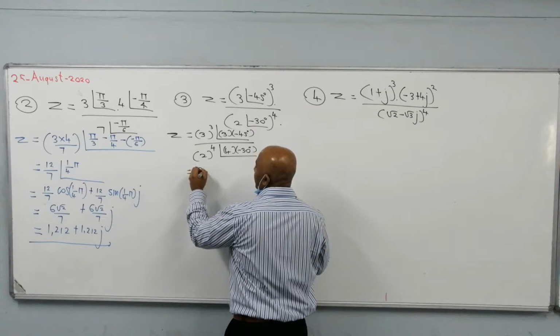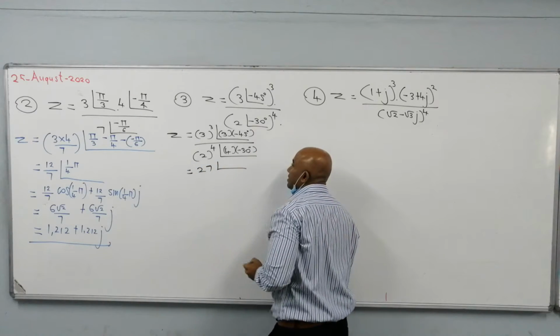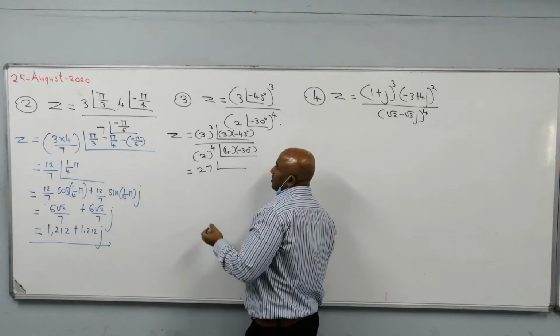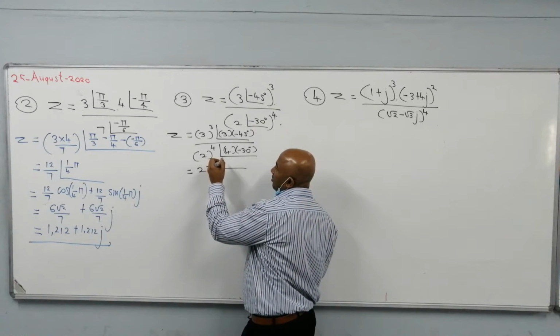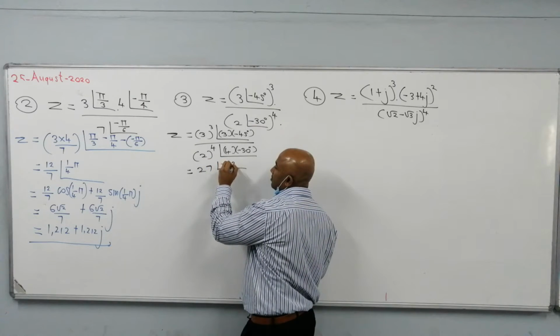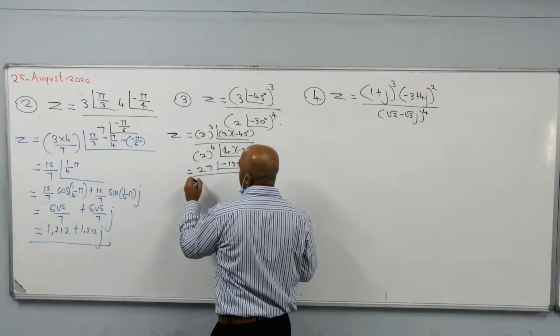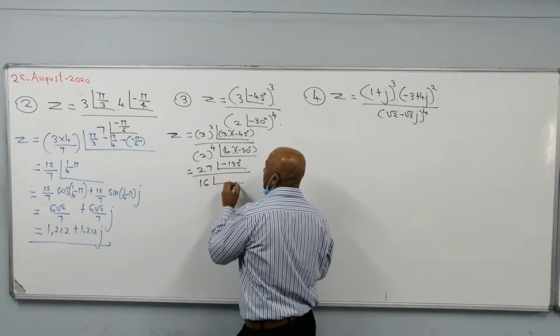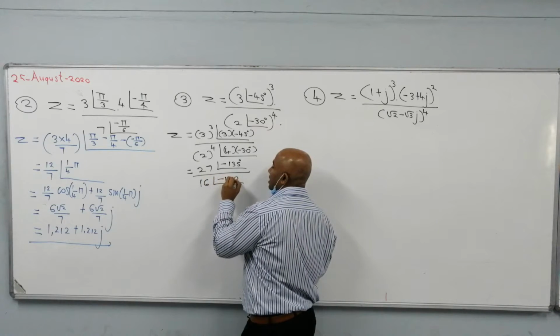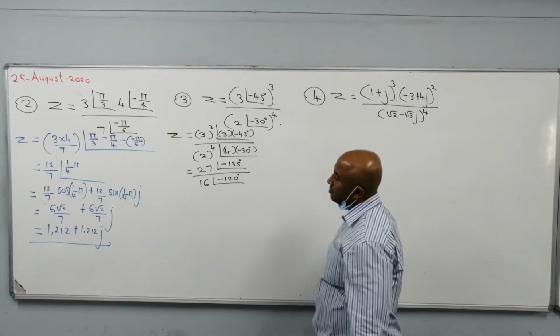So this is going to be, we got your 27 there. This is going to be 1 to minus 135. And this is 2 to the power 4, which is 16. And this is minus 120.